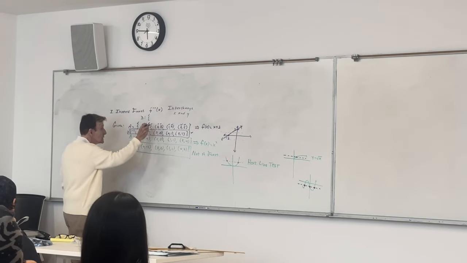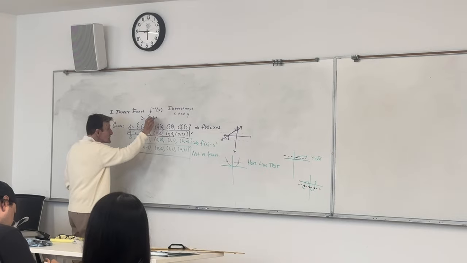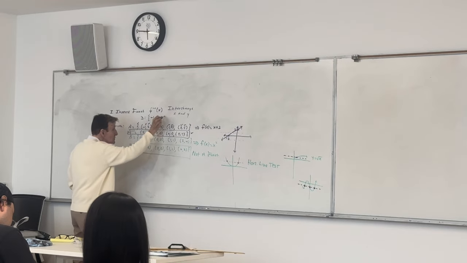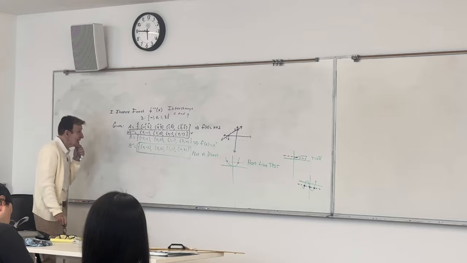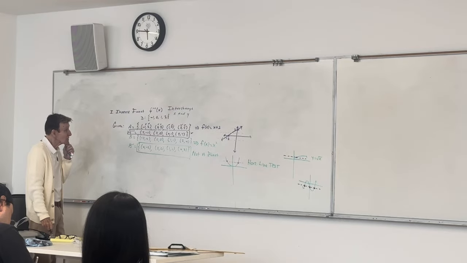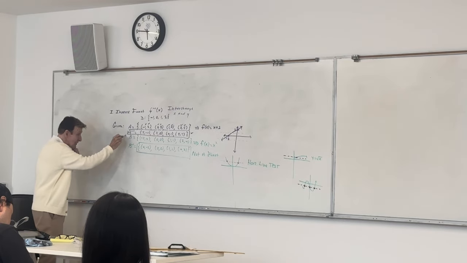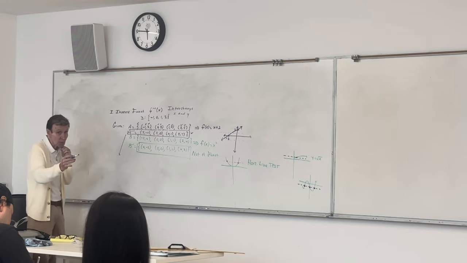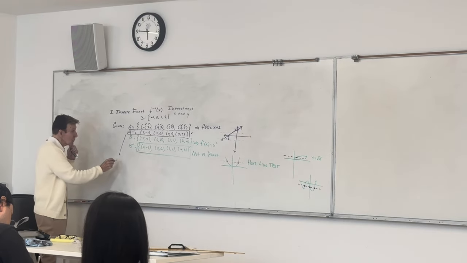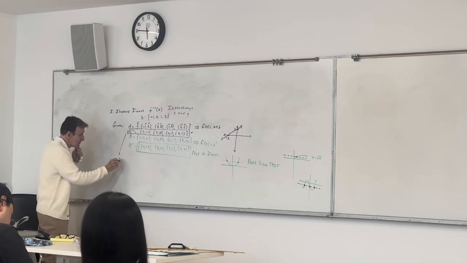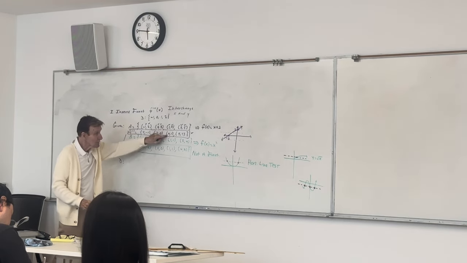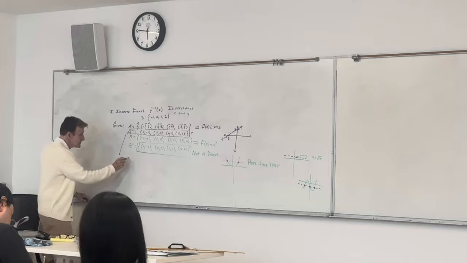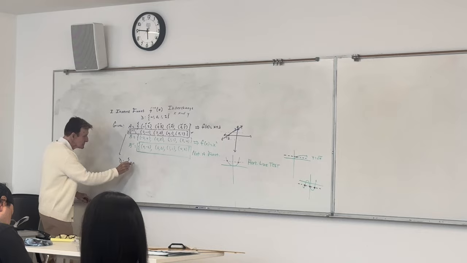So -1, 0, 1, 2 is my domain for my original set. Its inverse, which it did have, we did it. Now let's look at the domain for the inverse: 2, 3, 4, 5.